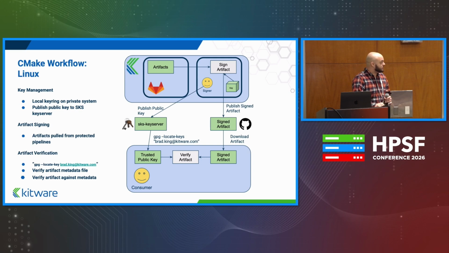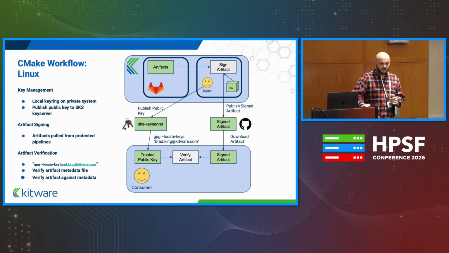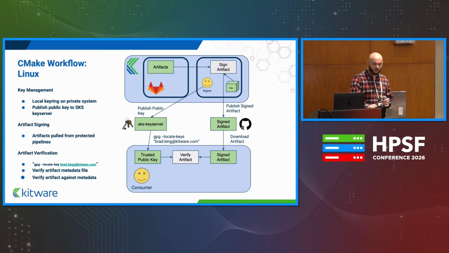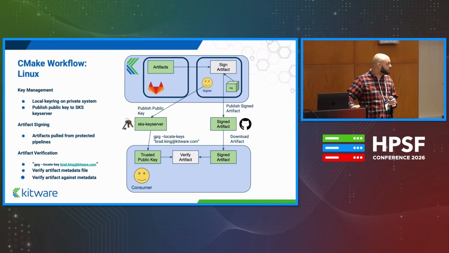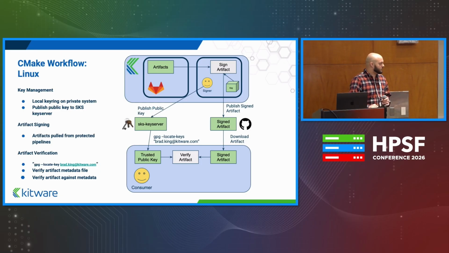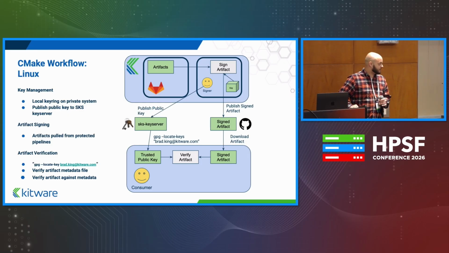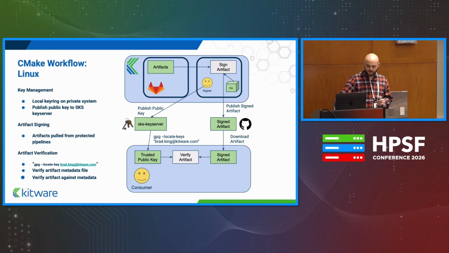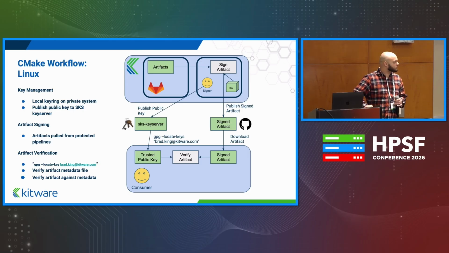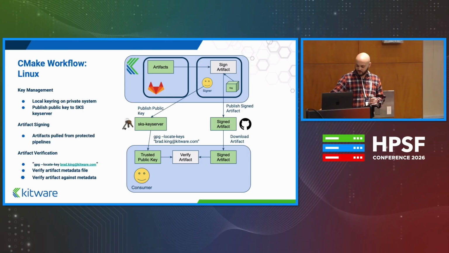We use a public SKS key server to upload our public keys, and so to get keys, you just go and locate keys. It'll go and update keys for you, that sort of thing. And then the user is able to follow that, trust the public key, and verify their artifacts. So this is about as simple as you can get, I think, in a real workflow.